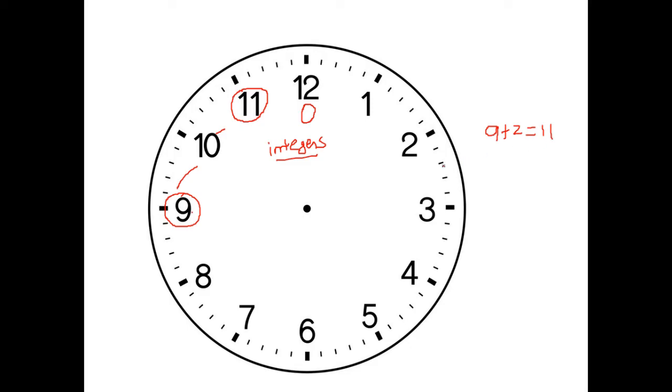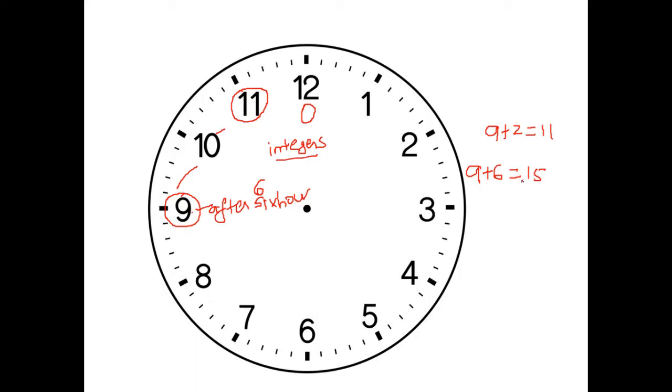Now let us take another scenario. The time is 9 o'clock. I want to meet you after 6 hours. If I want to meet you after 6 hours, what will be the time? So normally how we compute the time, it's 9 o'clock now, and after 6 hours I'm going to meet you. So it should be 15.